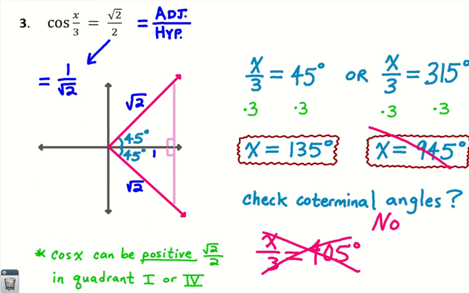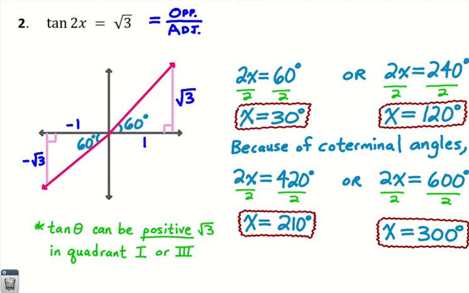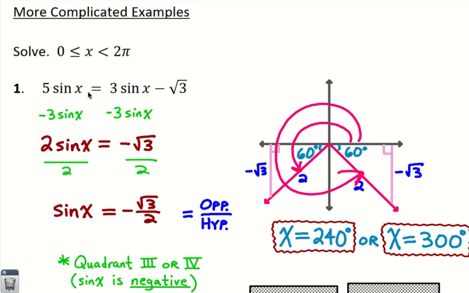It was already by itself. And in number 3, the cosine of x over 3, the cosine of whatever, was already by itself. And once that part is by itself, you can go to your pictures, or you could just go to your cheat chart.